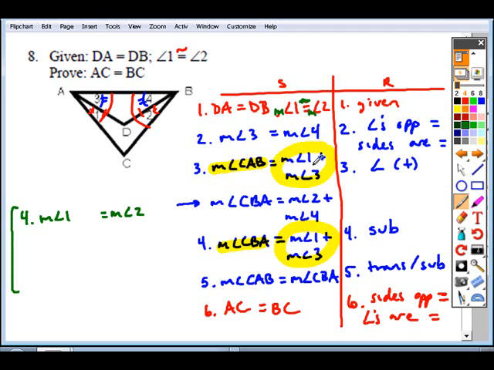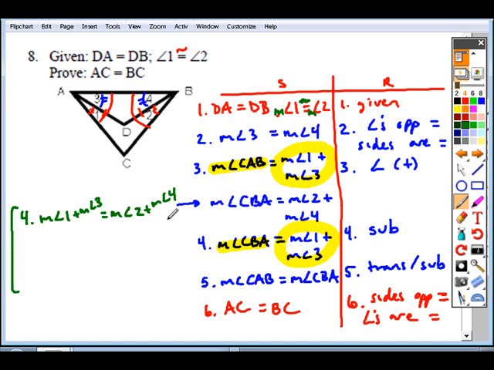And then in order to get a form that would allow us to substitute in CAB here, I need to add an angle 3 to one side. So if I added plus measure of angle 3, in order to balance this equation, I need to add either the same thing or its equivalent. Well, what's equivalent to angle 3? Angle 4.